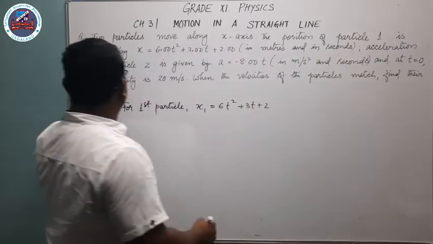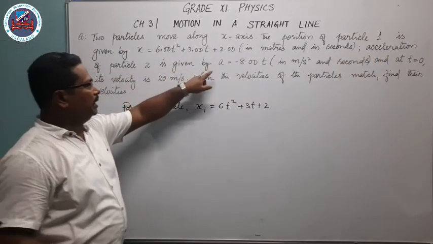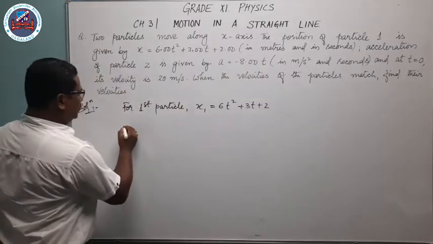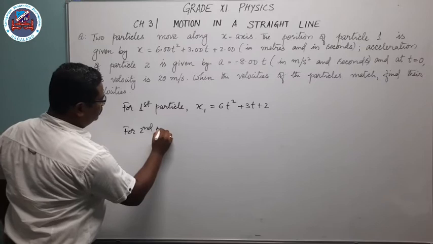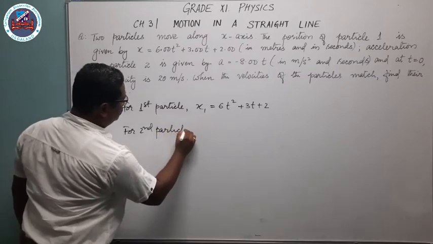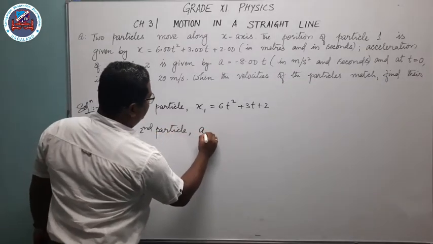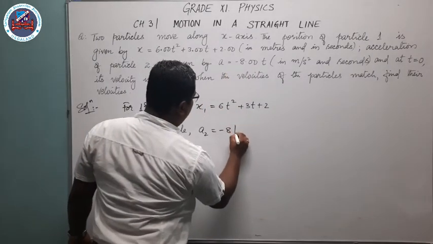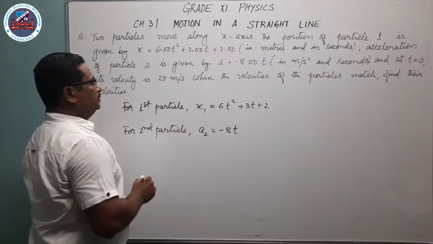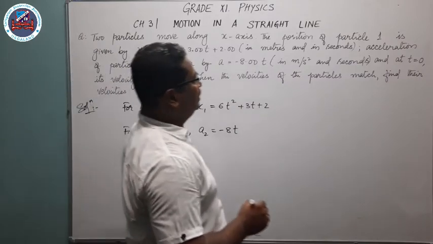The acceleration of particle 2 is given by, for the second particle, let us write a2, equal to minus 8t. This is the acceleration given for the second particle.